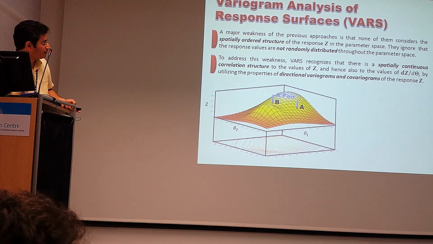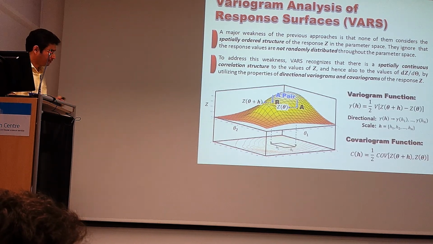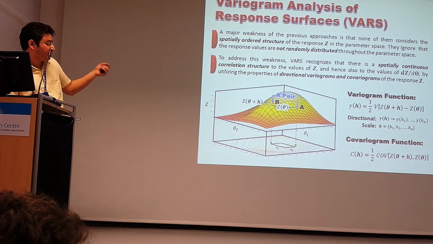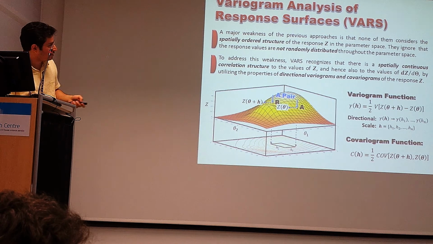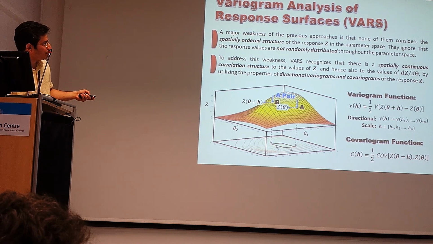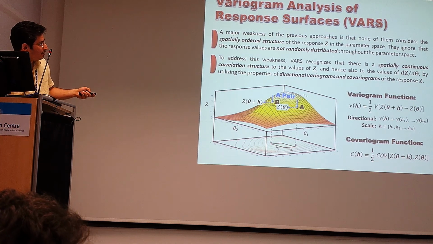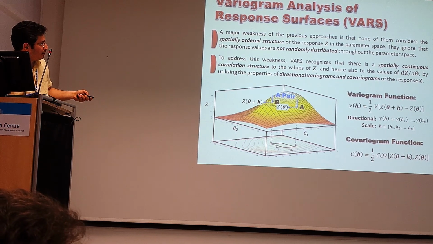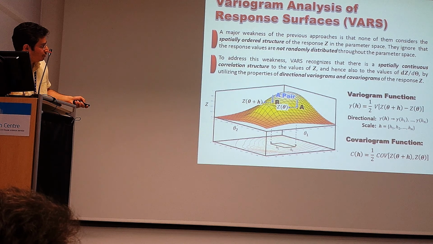So, as you might know, when you want to deal with variograms, you have to deal with pairs of points rather than individual points on the response surface. So if I get two points, point A and point B, this forms a pair, and I have response values for the two points, and these two points are apart.